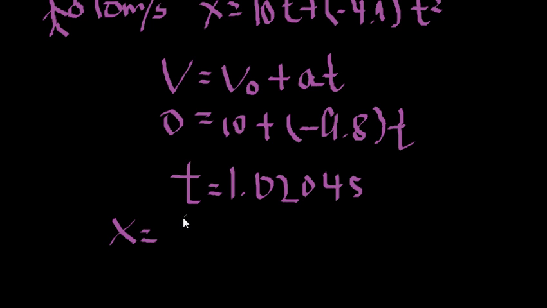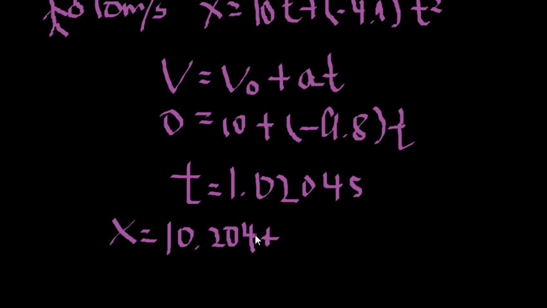Let's see, 1.0204 squared is 1.041, plus 1.041 times negative 4.9, which is about 5.102.